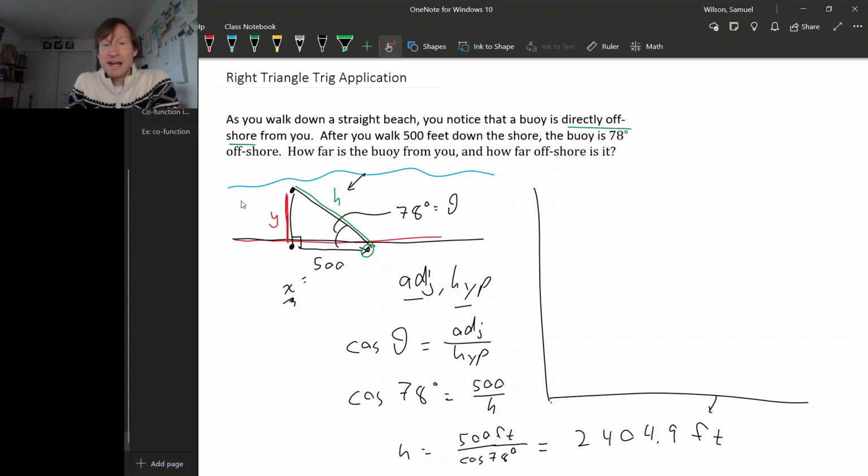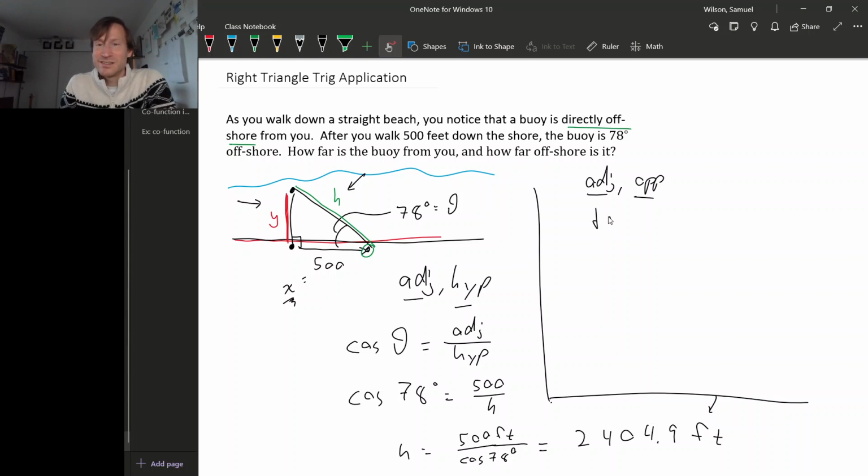Okay, well now let's find how far offshore the buoy is. That's this red side, y. So again, we know the adjacent side, and this time we want to find the side that's opposite the angle. So we should use a trig function that has the adjacent side and the opposite side. How about tangent?